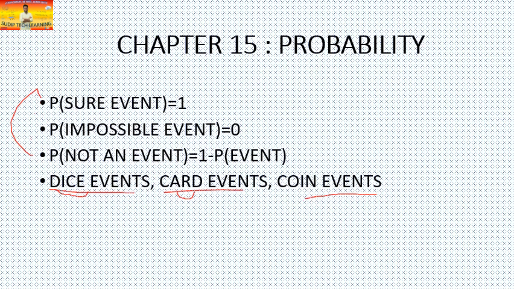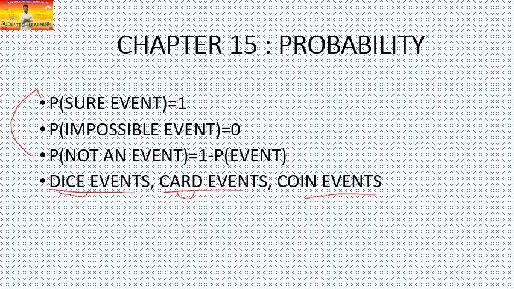And about cards, you have to know how many total cards there are. 52 cards are there. Then how many types of cards? 4 types of cards are there. So how many in each? 13, 13, 13, 13. You have to know this. Then what are the different colors? Black cards, red cards. If you divide into 2, then what does one pack of red cards have? 26 cards.